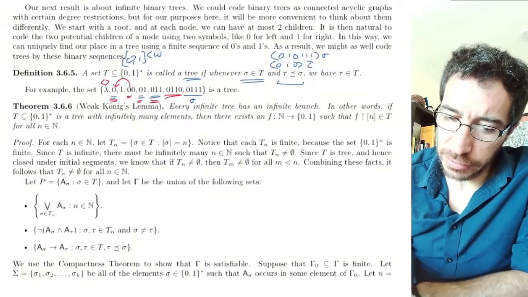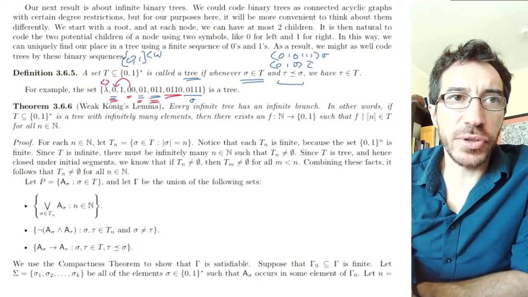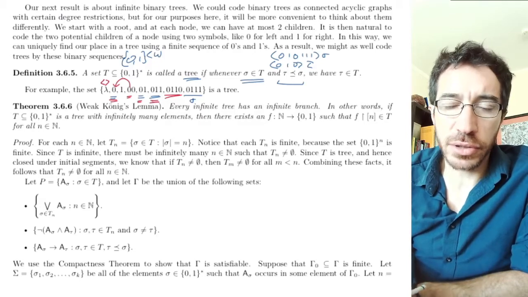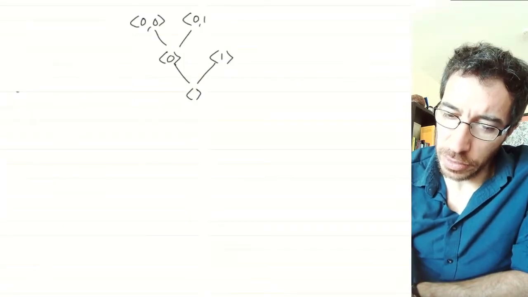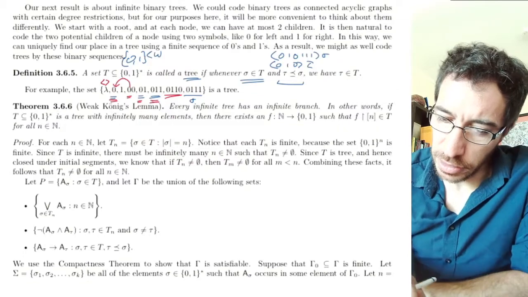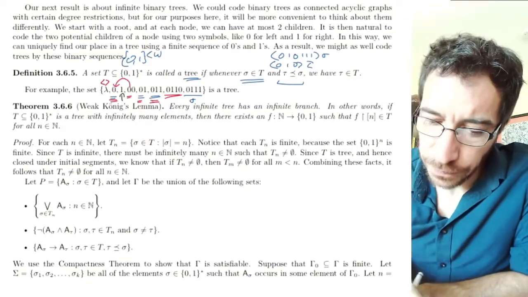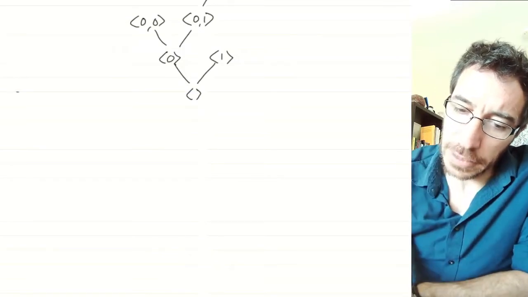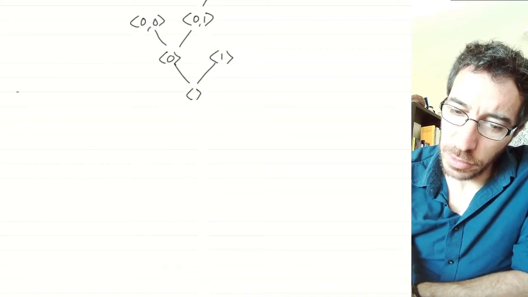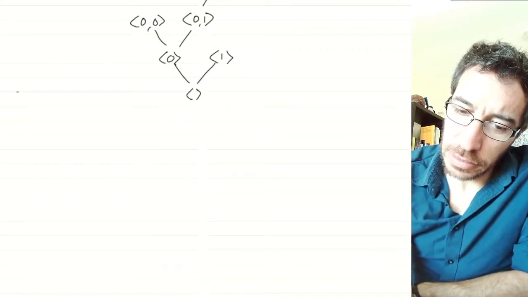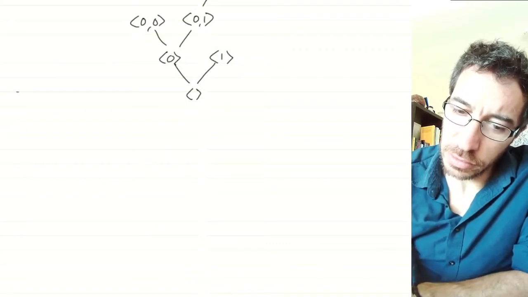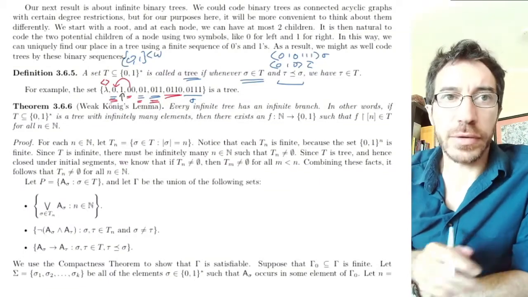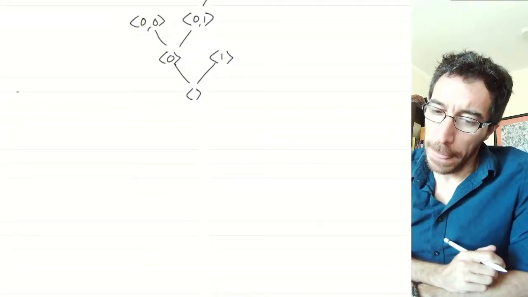Let's see what else we have in here. We have 0 1 0, 1 1, 0 1 1, 0 0 1, 1 0 1. We don't have 1. Yes, we have 1, it's right here. And then 0 1 1. We have 0 1 1 1 and 0 1 1 0. Correct? That's right. So we have those.